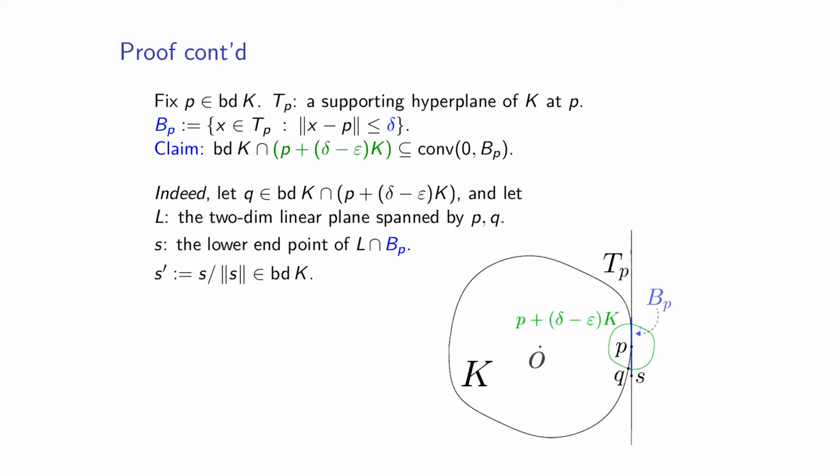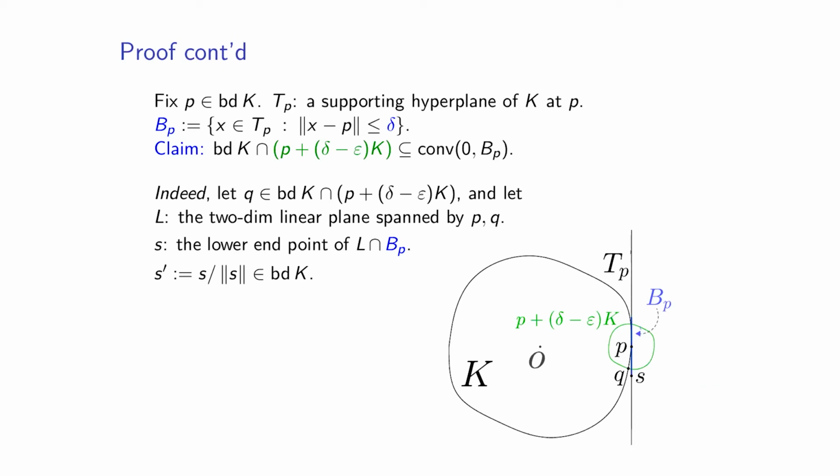If K is 3-dimensional, then T sub P is a 2-dimensional plane, and B sub P, this blue thing, is a 2-dimensional disk in 3-space.